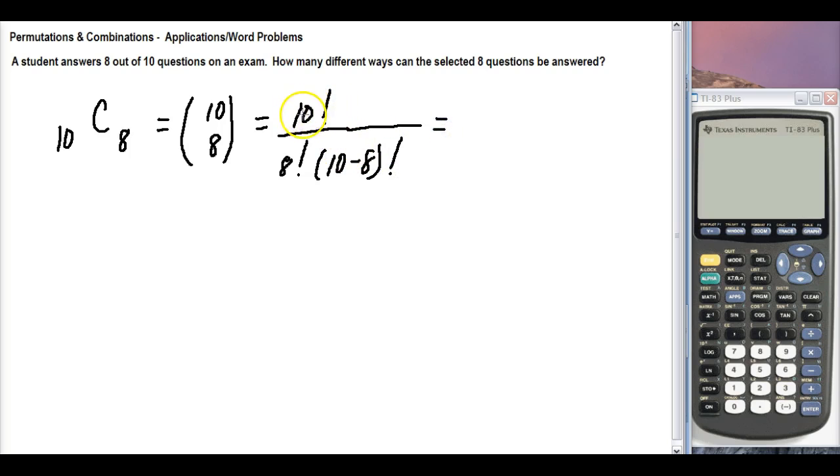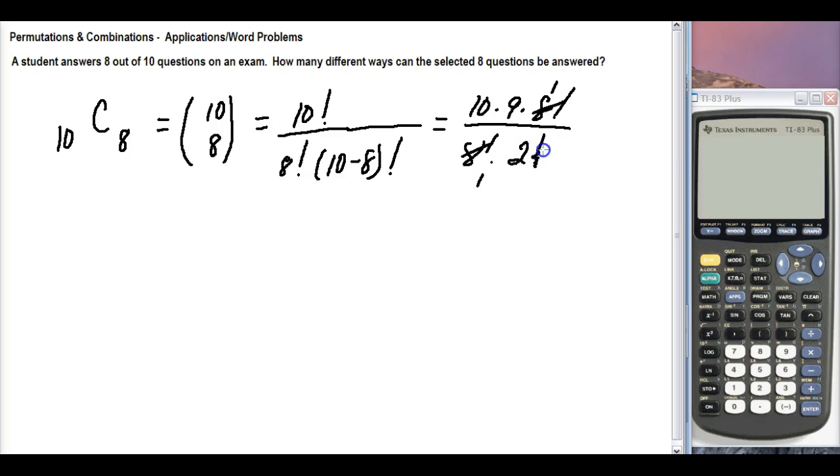Of course, we'll break down 10 factorial to the 8 factorial here. So 10 times 9 times 8 factorial. Have 8 factorial there. And of course, 10 minus 8 is 2 factorial. So the 8 factorial is reduced to 1. And of course, 2 factorial is just 2.